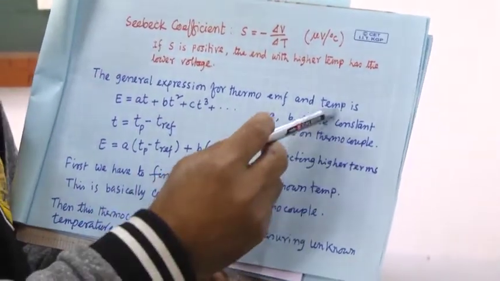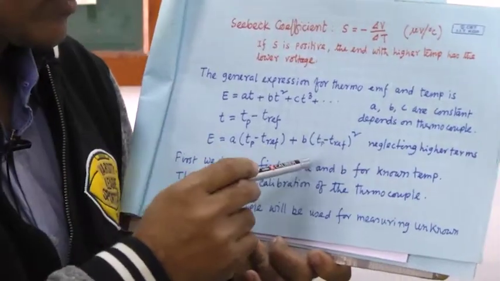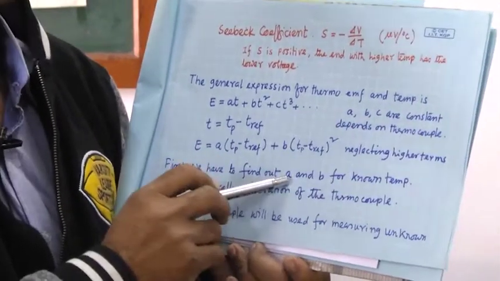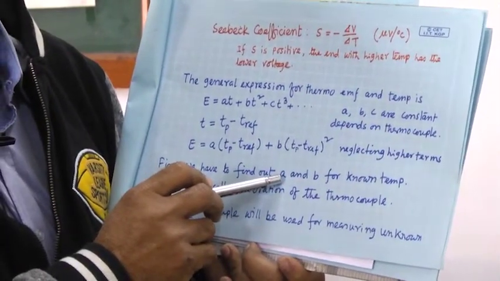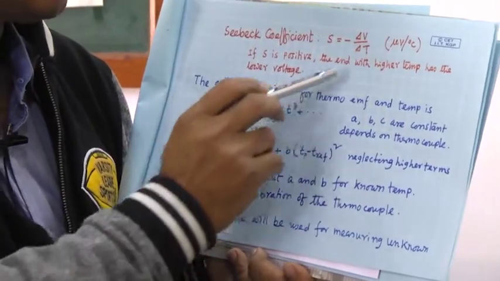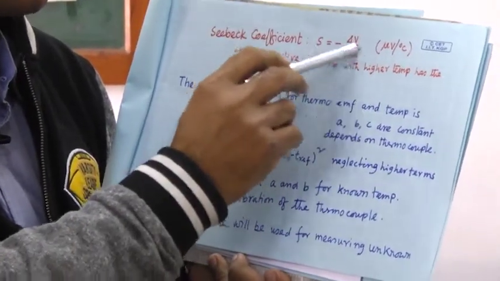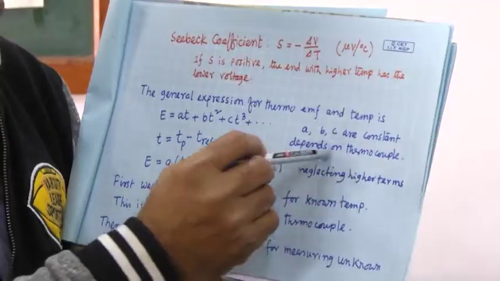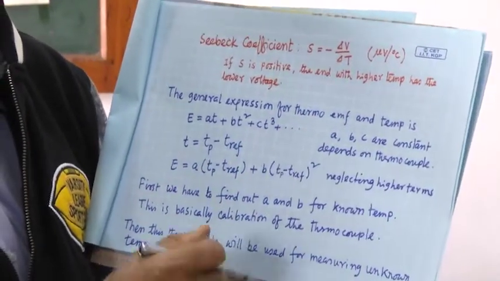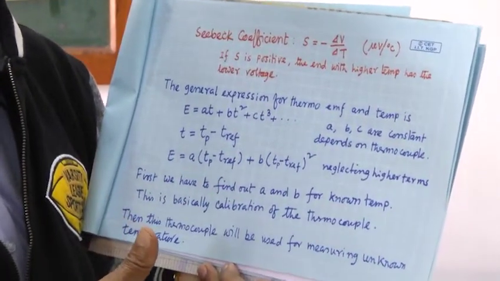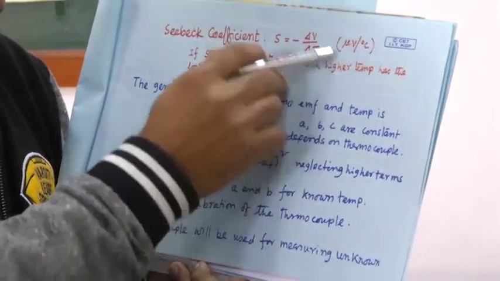One thing we have to check is whether the curve is linear or not. If the curve is not linear, then you have to find this coefficient at different points, and make a chart of EMF versus temperature using this calibration factor.